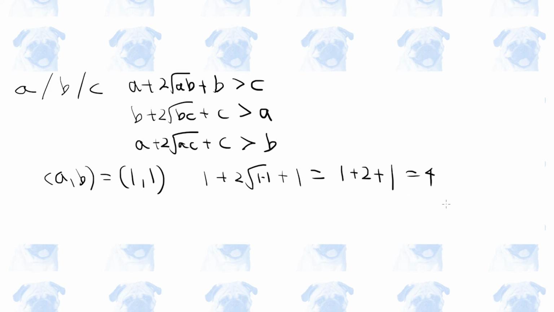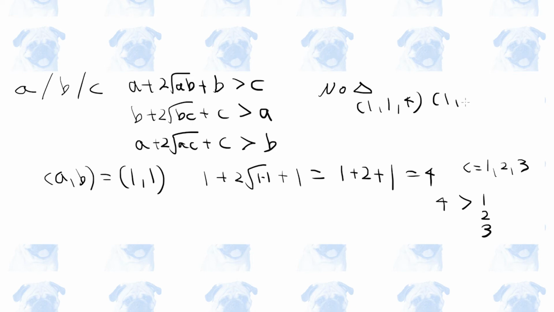So in order for a triangle to exist, C must be either 1, 2, or 3, because 4 is greater than 1, or 2, or 3. Therefore, there can be no triangles when 1, 1, 4, 1, 1, 5, 1, 1, 6.